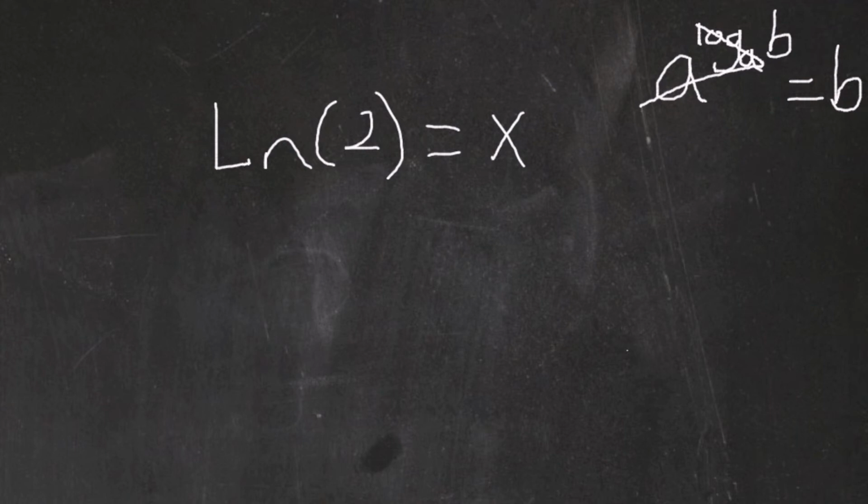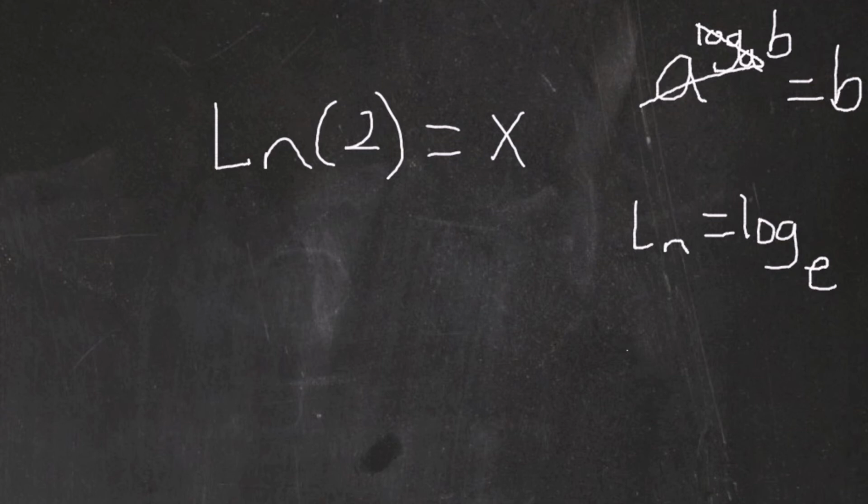Well, ln is natural log. Now natural log is a log, but the base never changes. The base is always e. Now e stands for a numerical value.